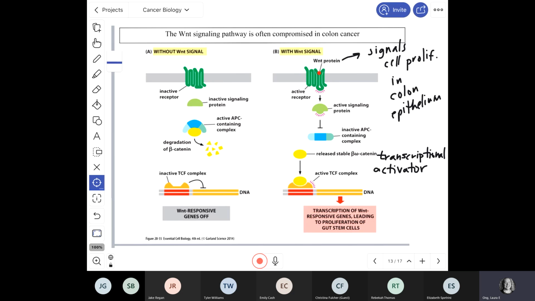And when this beta catenin is stable and not degraded by this APC complex protein, it's going to turn on genes that cause proliferation. So when Wnt signal is present, it's going to lead to transcription of genes that cause proliferation of colon epithelium.